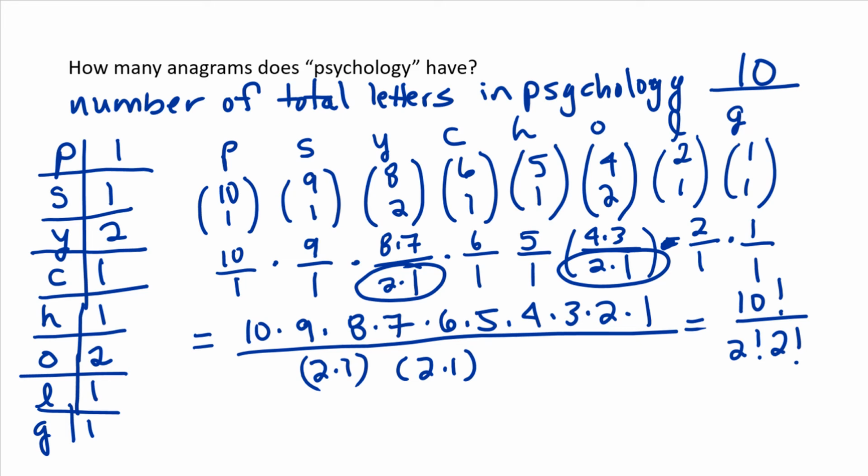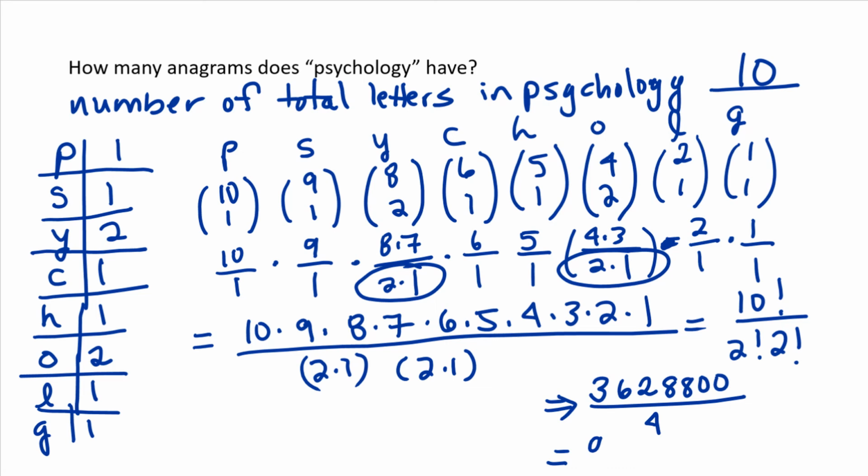And so Y occurred twice, we did 2 factorial. O occurred twice, we also did 2 factorial. To compute this number, use your calculator. So do 10 factorial in your calculator, and the digits you'll get are 3628800 divided by 2 factorial times 2 factorial, which is 4.